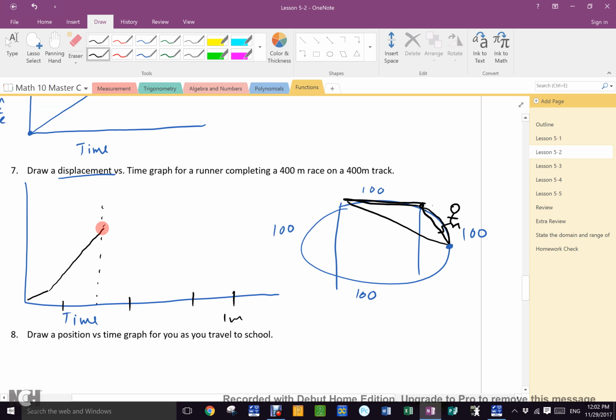Agreed? What happens right here? A curve. Am I still going away from home? Yes, but it's going to be a shorter amount, yeah? So I'm going to take this little half and I'm going to be going back at about that same level, yes? What happens right here?